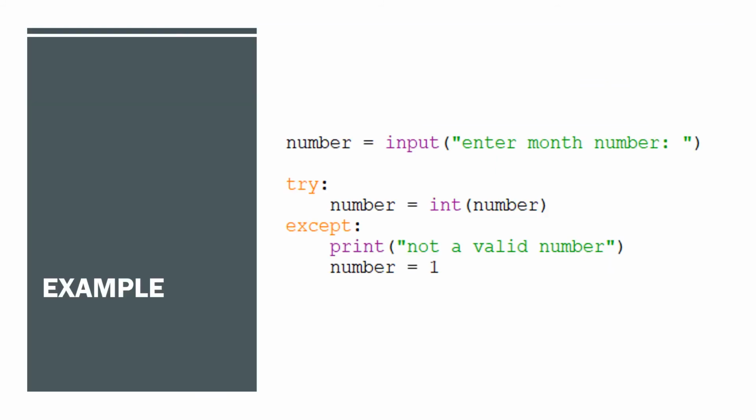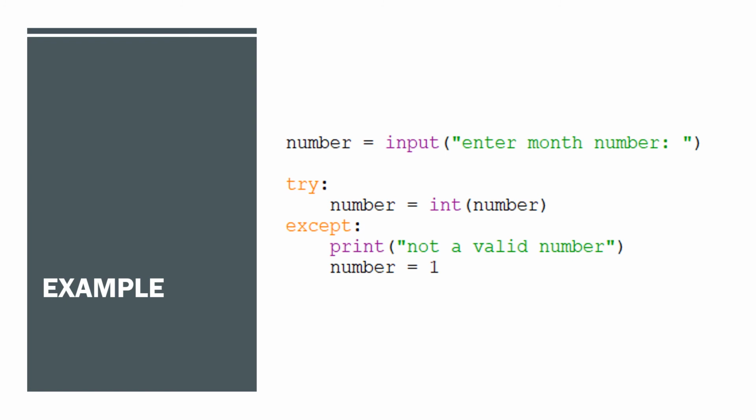So let's look at how we would use exception handling to fix the problem in the month program that we were just looking at. First of all, the user enters the month's number. Then we try to convert it to an integer. But if that fails, instead of the program crashing, it will show the message that's not a valid number, and then we'll set it to a default value, let's say 1.